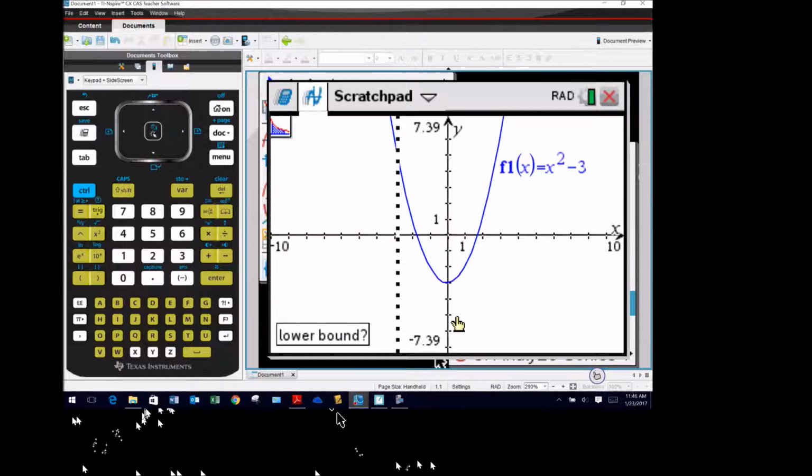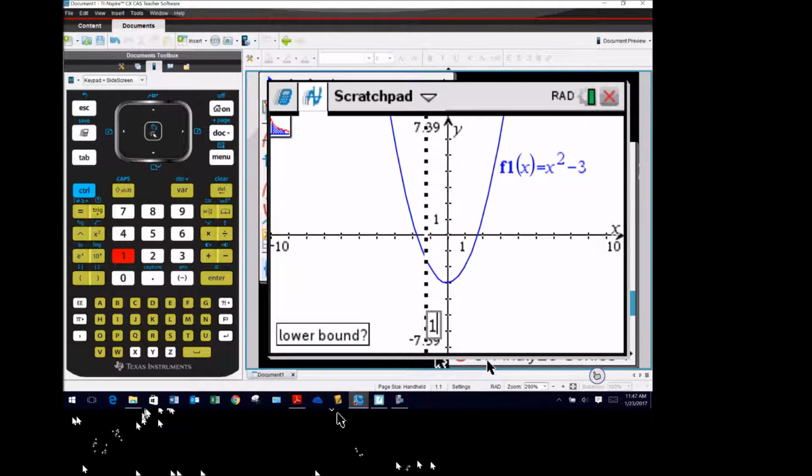The problem is that if you try to slide this and get it right at 1, you could either guess at it, or if you move the little cursor up on the x-axis, and by the time it says point on, and you're in the general neighborhood of 1, chances are you're probably okay. But I don't even like to rely on that. I think the easiest way is just to type in that lower bound from scratch.